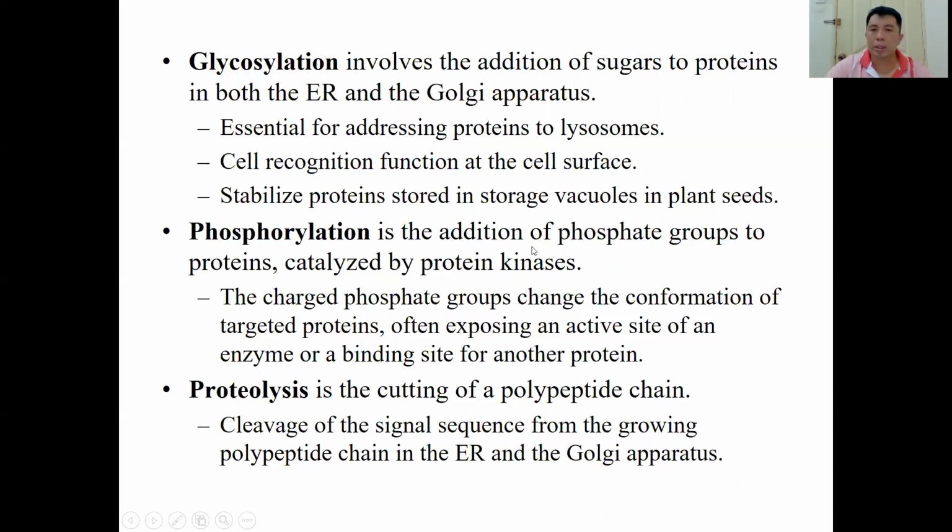Phosphorylation is the addition of phosphate group. So the phosphates come from the ATP. So that's why they use a protein kinase to hydrolyze the ATP into ADP and inorganic phosphate. So the phosphate group will be added to the polypeptide.